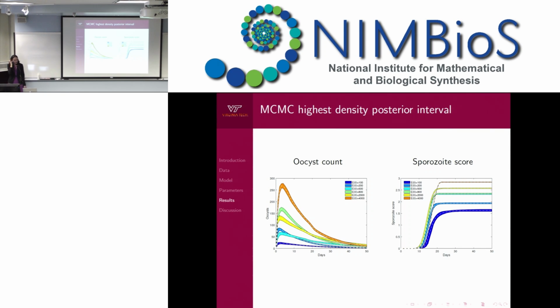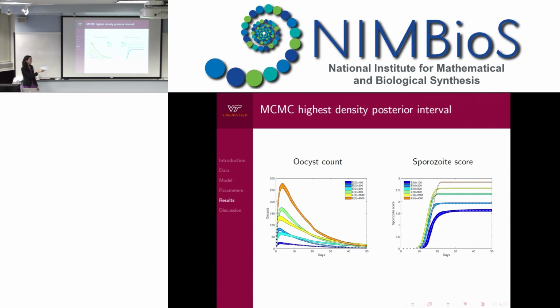So this is the highest density posterior interval for our oocysts and sporozoites, again using model 2 in the MCMC setting. Going from dark blue to orange is an increase in the number of ookinetes. You'll notice that we don't actually see the same ordering here, right? We see a little bit of a flip in the ordering between these 2 conditions.